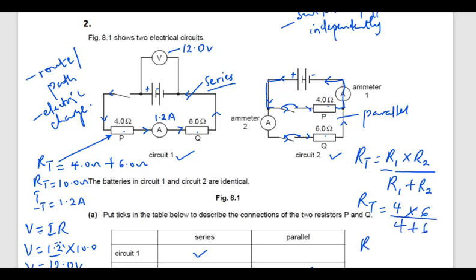So we have R total equals 24 divided by 10, and that is 2.4 ohms.